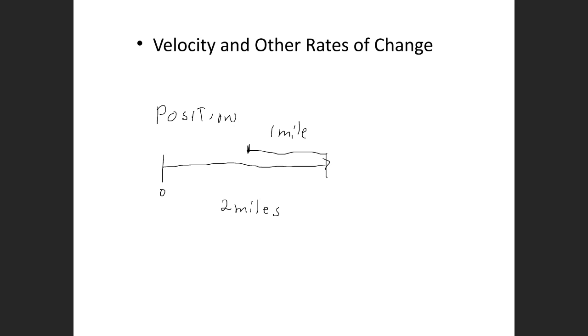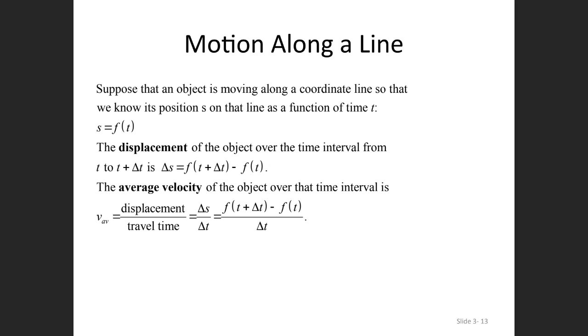What is my distance? Displacement is 1 mile, correct? And distance is 3 miles. Okay. Got to know that because the next formulas are going to make sure you know the difference. So these are two very, very important things in here.